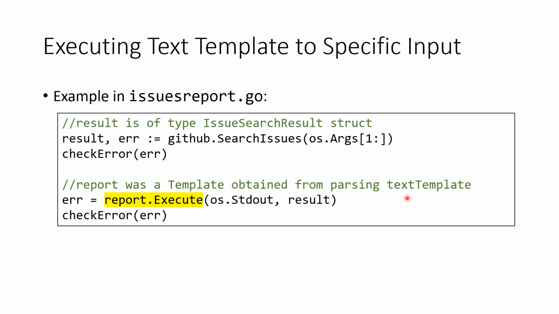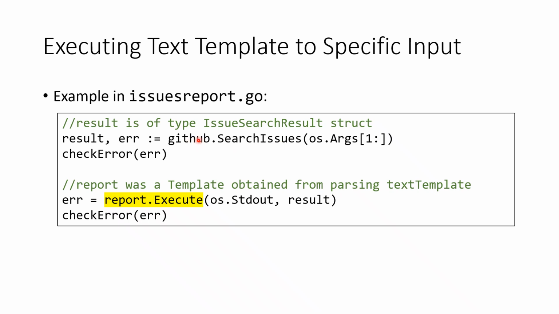After parsing the given text template into the template report, we can execute it on specific input. In the case of the GitHub issue tracker program, the input is the resulting struct data from calling the SearchIssues function in the github package.